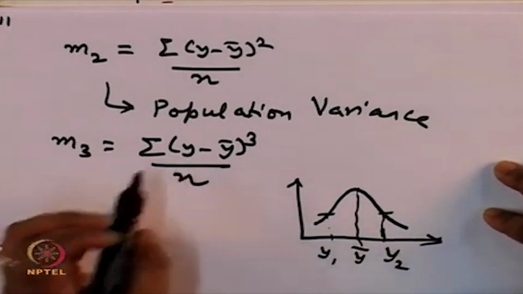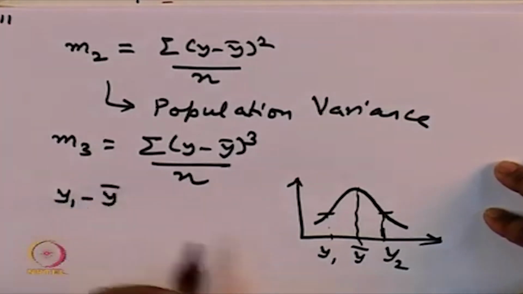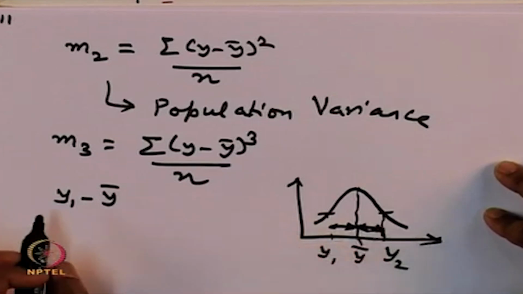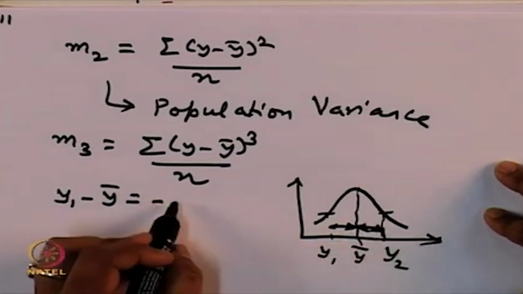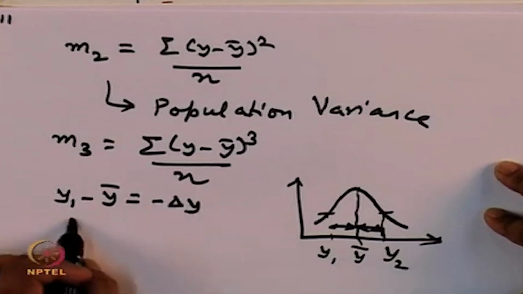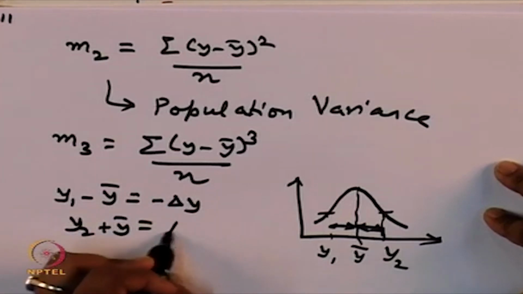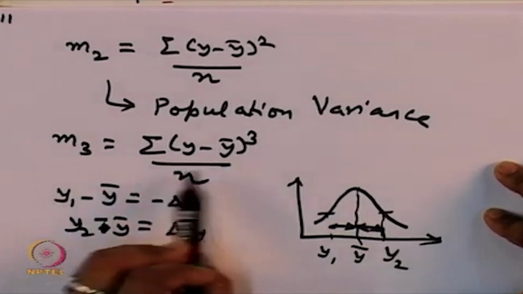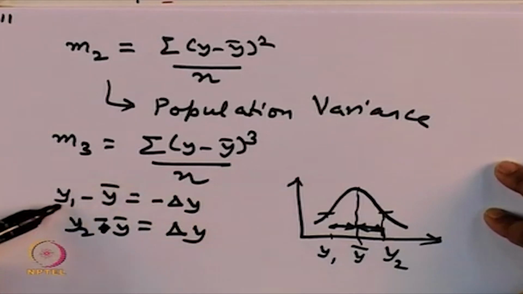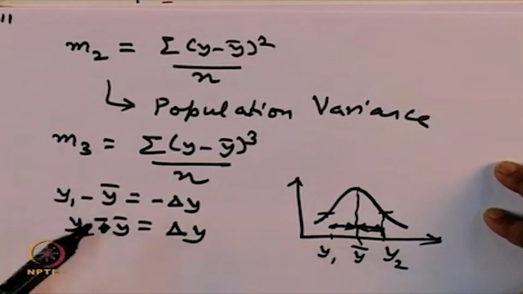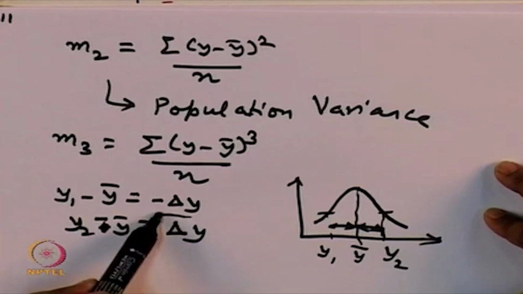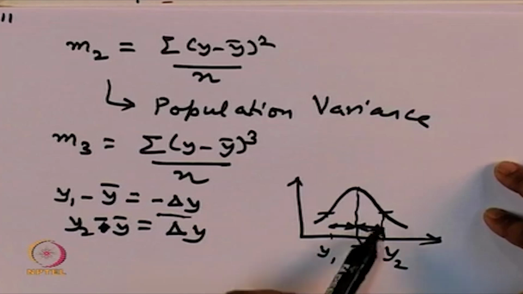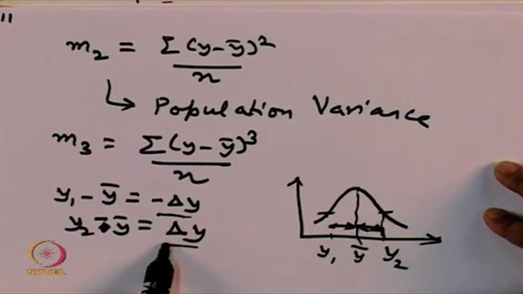In that case, for every y1 and y2 equidistant from the mean, y1 minus y bar is equal to minus delta y, and y2 minus y bar is going to be plus delta y. If I do this summation, whatever contribution the point to the left of y bar gives, which is negative in nature, the point equidistant on the positive side with the same frequency will give a positive response.